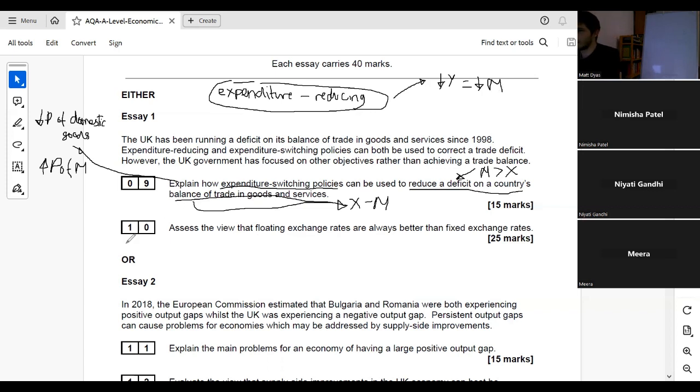So I'll go over that one in a little bit, but Niati has said subsidizing local firms' goods, that would increase the price of domestic goods, that would work. Although can we get a bit more macro potentially? Subsidizing local firms sounds more like a micro concept. How are you going to relate that to macro?